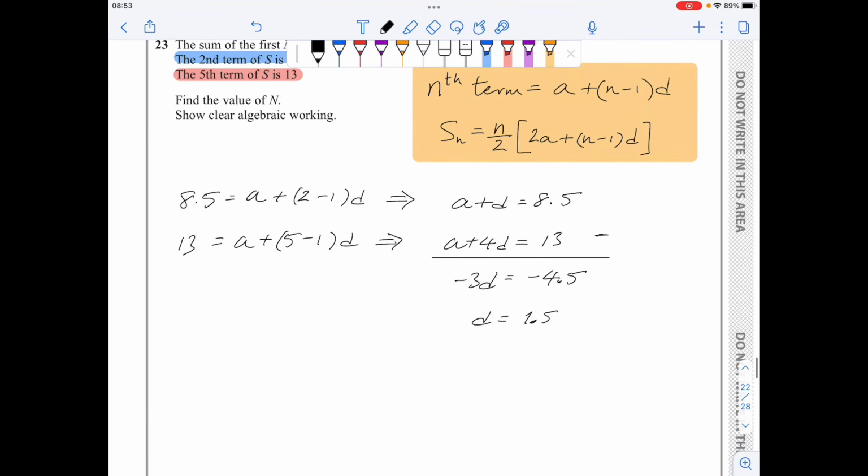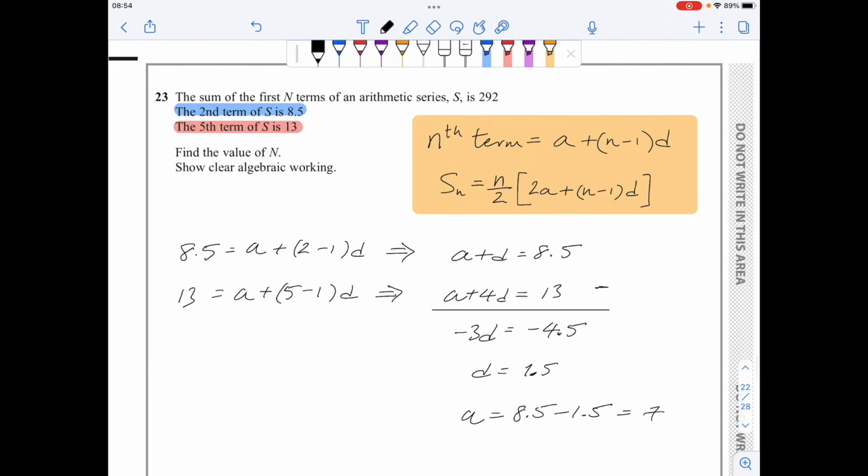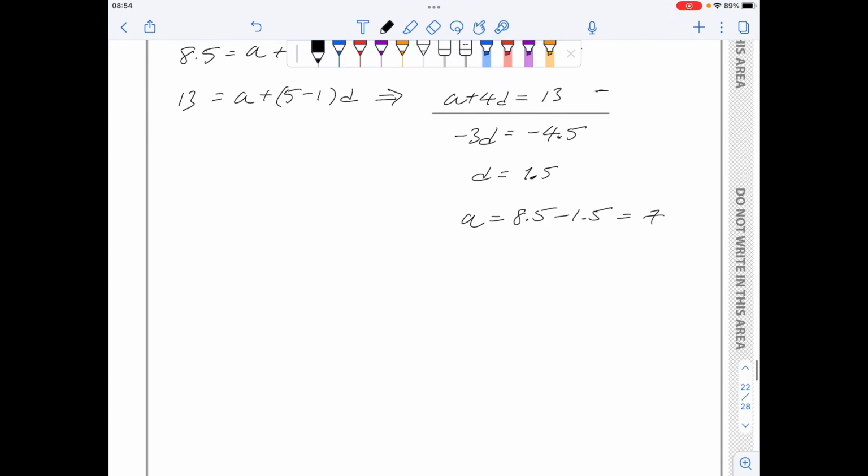And if I substitute this D into any of those two equations, I'll go with the first one. I get A equals 8.5 minus 1.5. So A is 7.